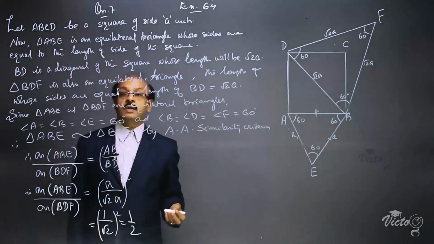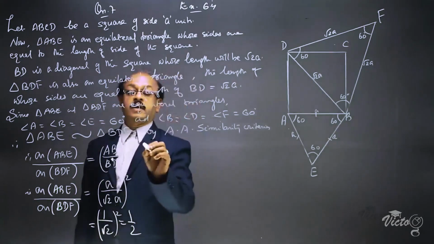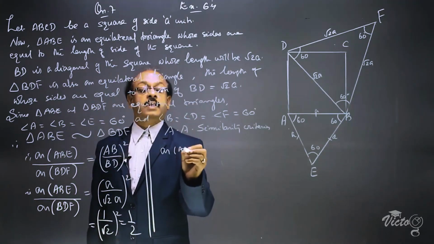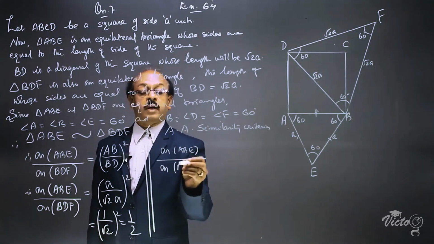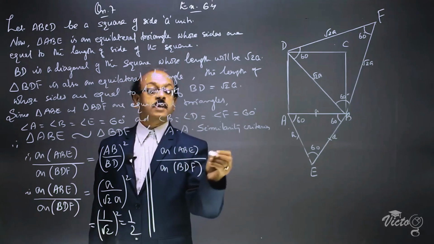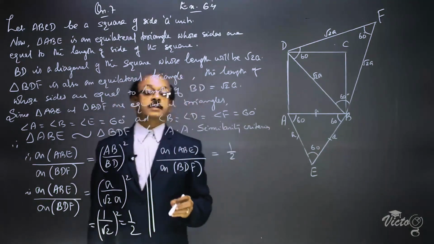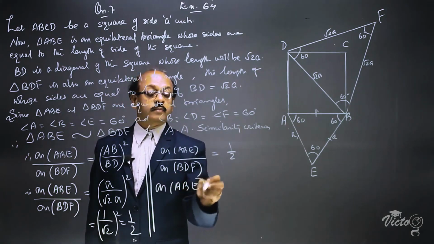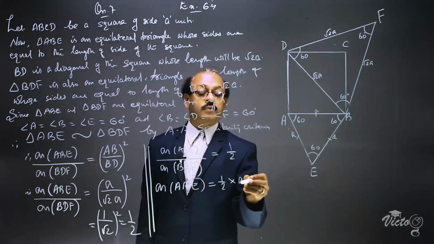The square of 1 is 1 and the square of root 2 is 2. That means the ratio is half. Cross multiplying, area of triangle ABE is equal to half into area of triangle BDF.